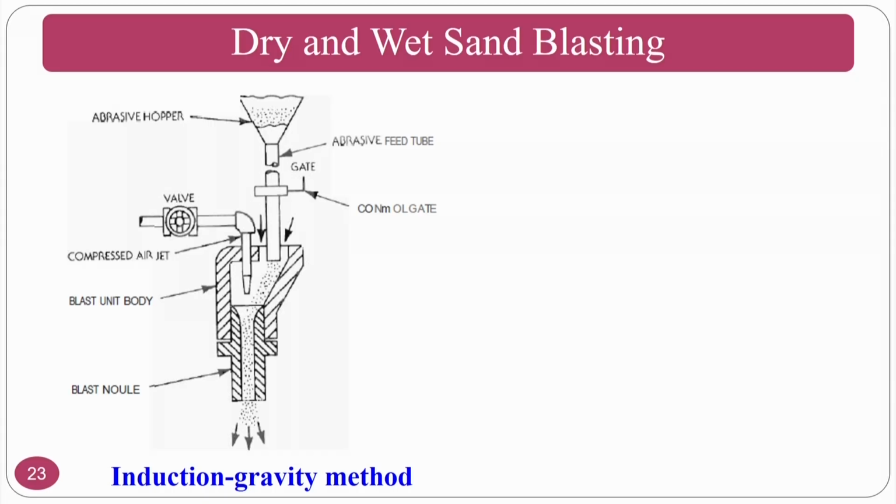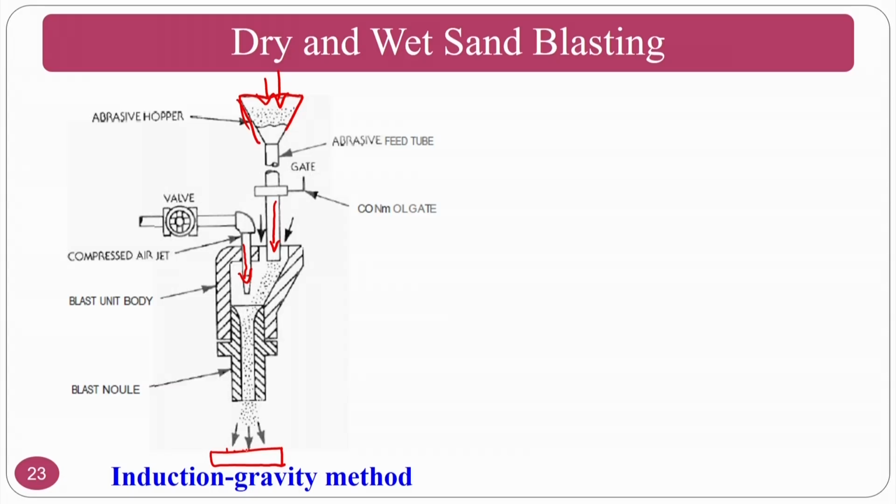The other one is the induction gravity method, wherein you have the abrasive hopper where you place the abrasive particles, and they come through here. At the same time you have a compressed air jet coming from here. Both will mix and come out, and your object will be here.